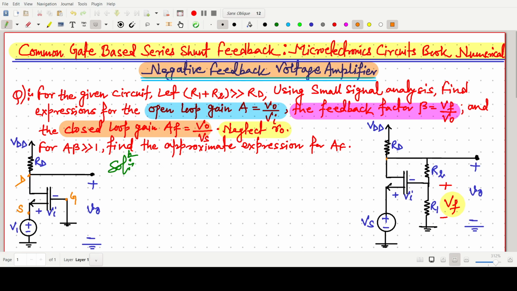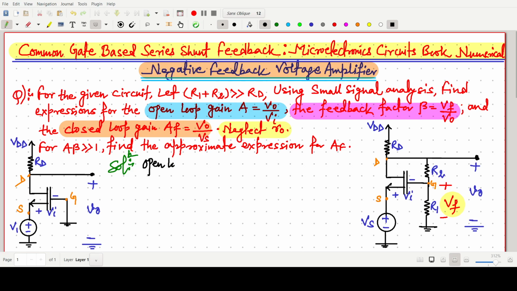Here also you can write drain in, this one is your gate in, and this is our source terminal. So the very first thing is to find the gain A, V naught by Vi, the open loop gain.